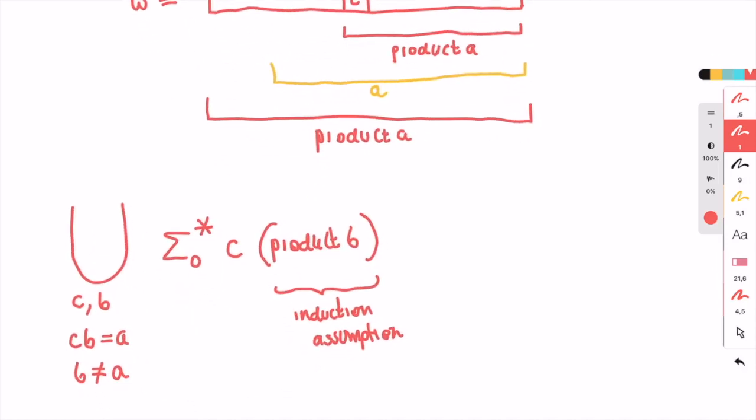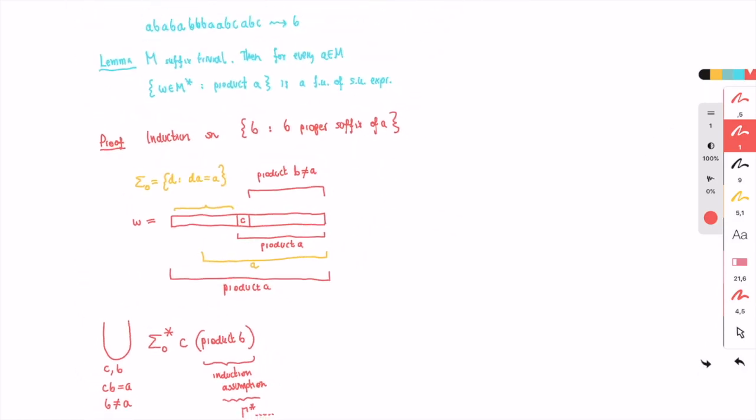For that, we just need to argue that if you take any one of these expressions here, and it begins with some, say, gamma star, then you cannot have c in here. And that is true because if this expression inductively obtained, which defines b, would begin with some gamma star that contains c, then adding another c to it wouldn't affect the result, but it should, because adding c to b will give you a. So this completes one part of the proof.